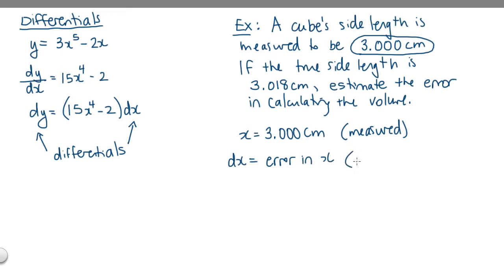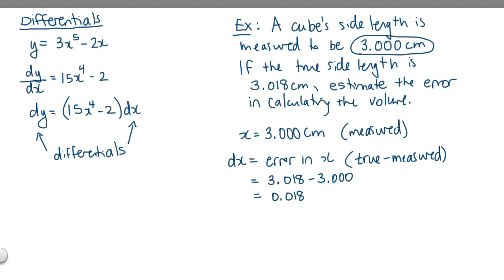And the way that we calculate the error is always the true value minus the measured value. So we just have to remember to always do the subtraction in that order. In this case, our true value we were told was 3.018 centimeters. Subtract off the value that we measured. So our dx is 0.018, and that's still measured in centimeters.